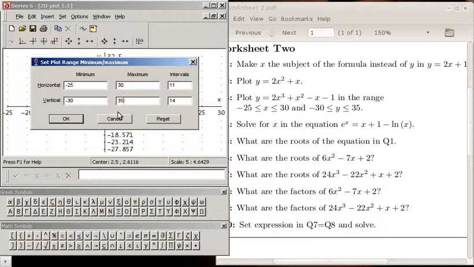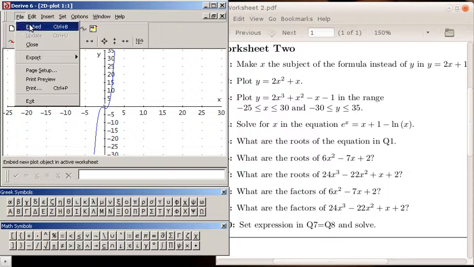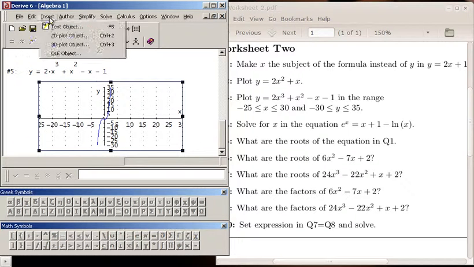So if my intervals were 5 big, there'd be 7 here and 6 here. So that's actually 13 intervals would make it look nice. There we go. And plot. File, embed, close. Okay.